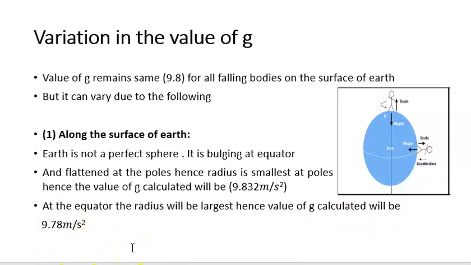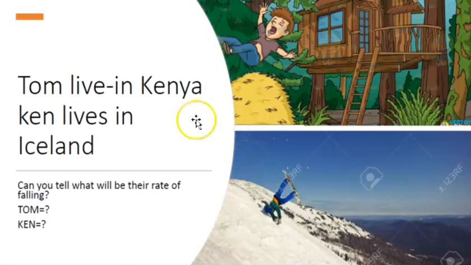Students, you have seen the values. Now there is a question for you. Tom lives in Kenya. Ken lives in Iceland. And both of them have a fall. Can you tell what will be their rate of falling? Tom and Ken. Think.